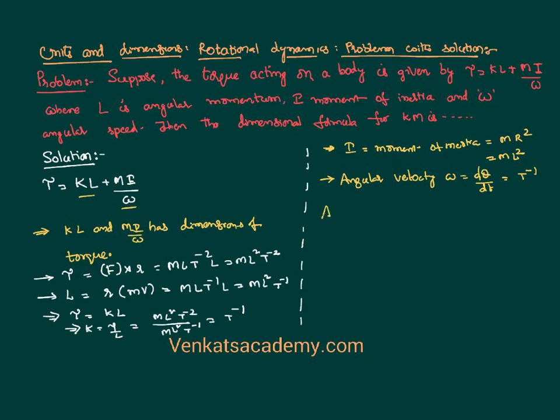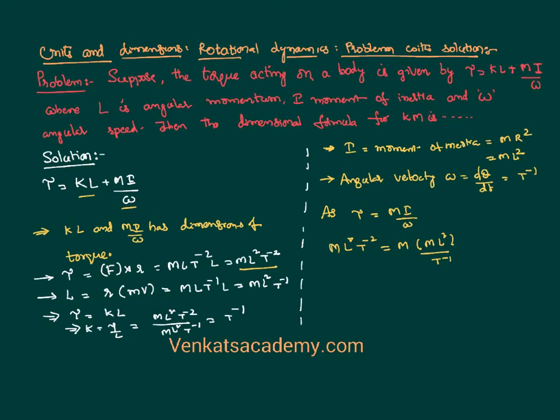Again, equating the torque to the second part of the equation, torque equal to M into I by omega. I know the dimensions of torque already as M L square T power minus 2. M I don't know, I have to calculate. I is nothing but equal to M L square. Omega is nothing but T power minus 1.